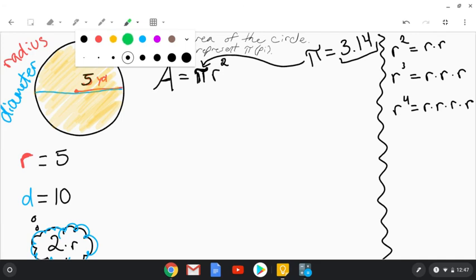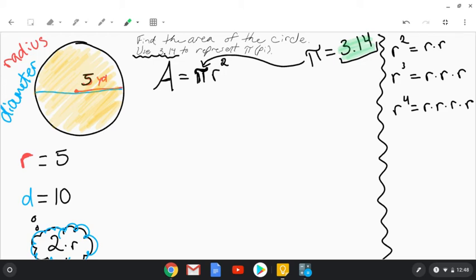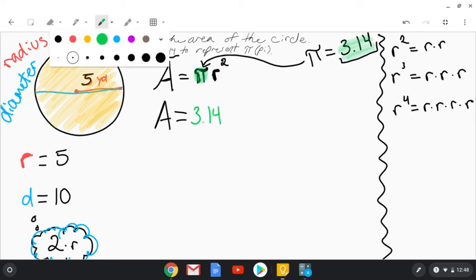So we know that 3.14 is going to be going in for pi, okay? Then we talked about a minute ago that we're using the letter or variable r for radius. So in this situation, instead of that pi symbol, I'm going to write 3.14. So that's my start.